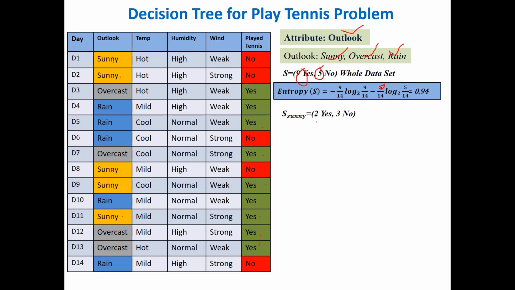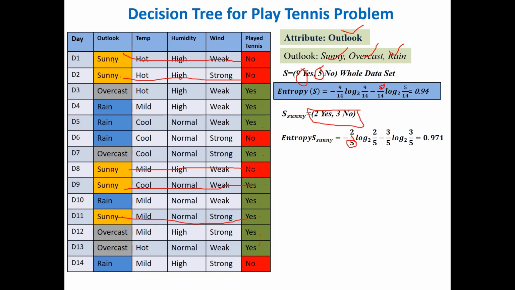Out of these 5 sunny examples, 2 are yes and 3 are no. So the entropy will be over a total of 5, 2 plus 3, where 2 are positive and 3 are negative. So minus 2 by 5 log to the base 2, 2 by 5, minus 3 by 5 log to the base 2, 3 by 5, and it comes out to be 0.971.